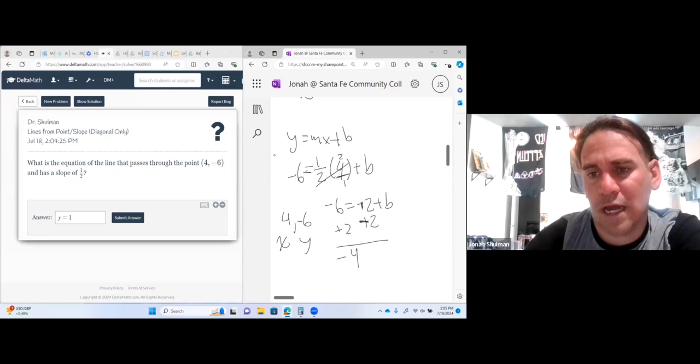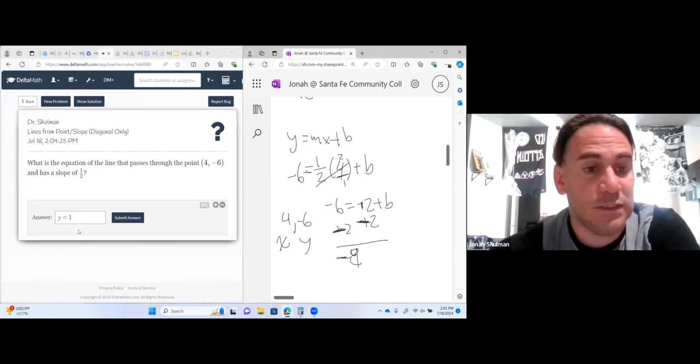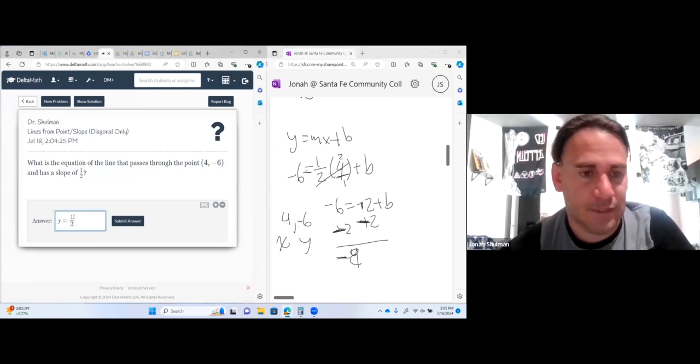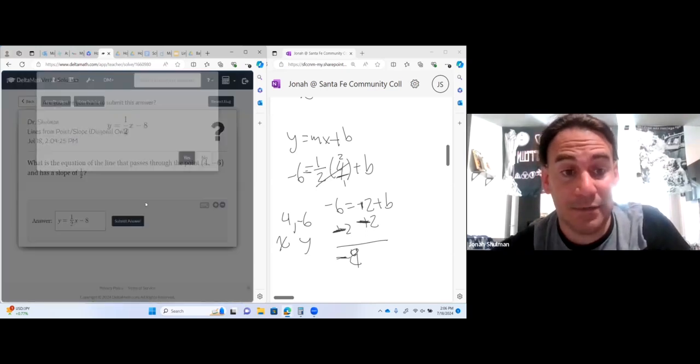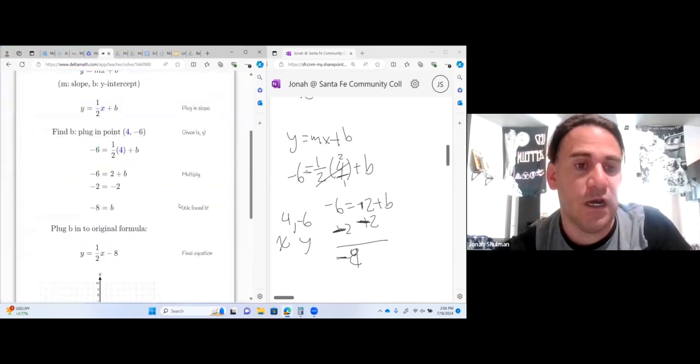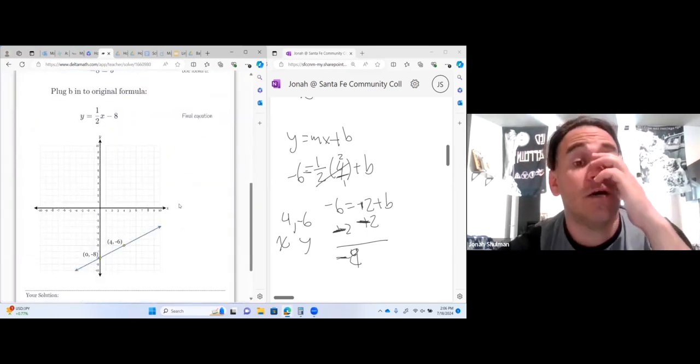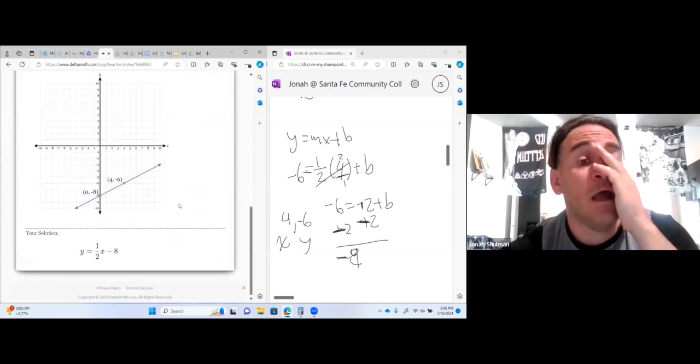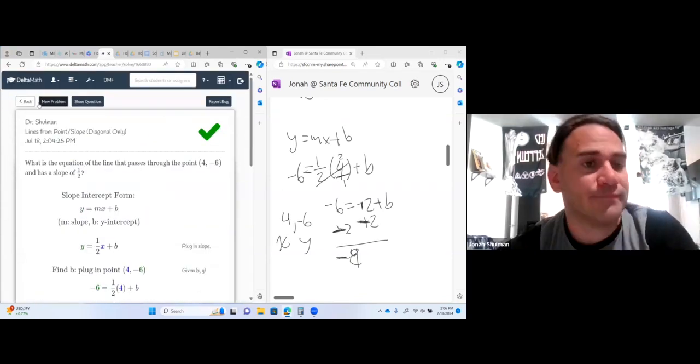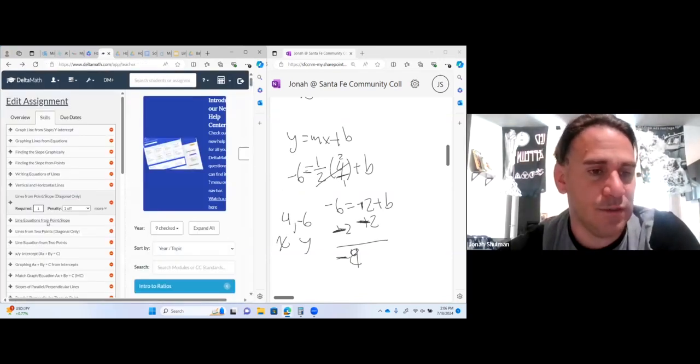So we have to subtract 2 from both sides, which makes this a -8. I almost messed that up. So 1/2 x minus 8. Sorry about the mistake right there. Good thing I caught it. Ta-da! Ooh, and they showed it to us too. I like it. I liked it a lot. All right, let's keep on trucking.